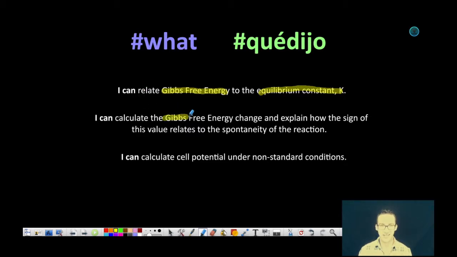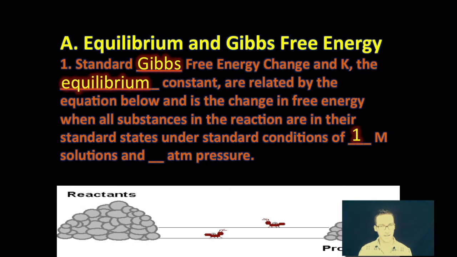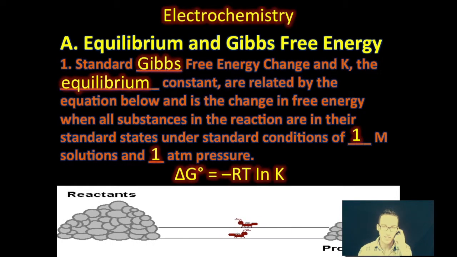We're going to be able to calculate Gibbs free energy, and really all we need to do is plug and chug into a formula and then think about how the value of your Gibbs free energy change relates to the spontaneity or thermodynamic favorability of the reaction. And then lastly, you're going to calculate cell potential under non-standard conditions, which is a little trickier than under standard conditions, but doable.